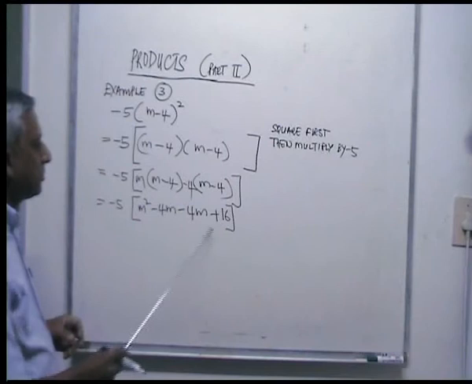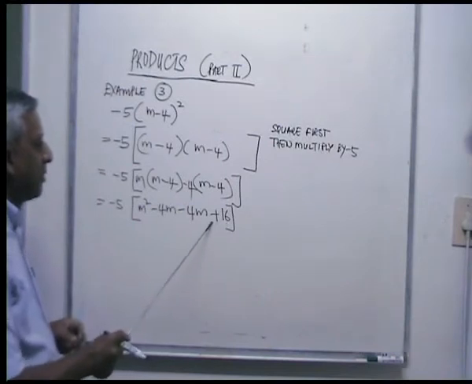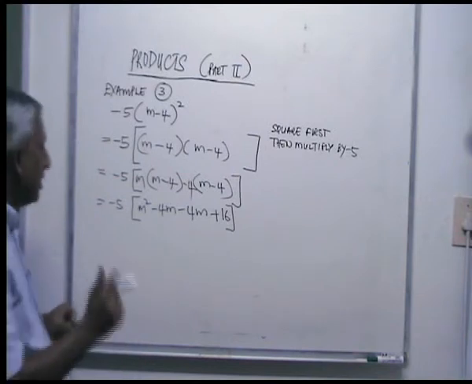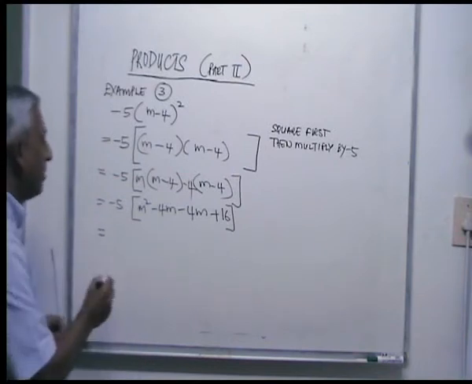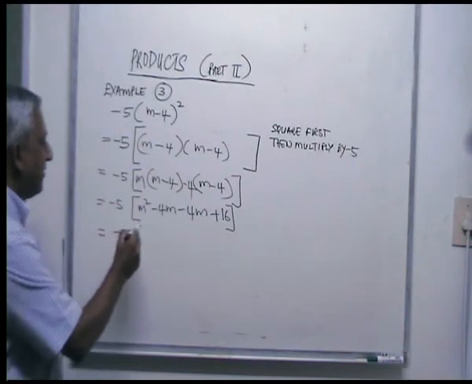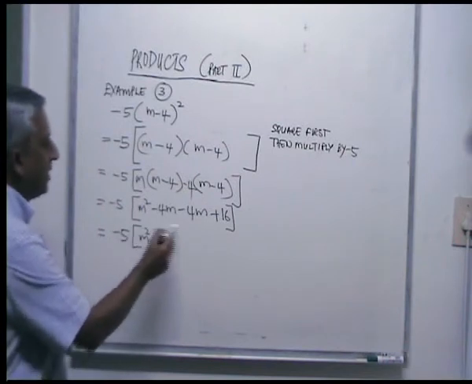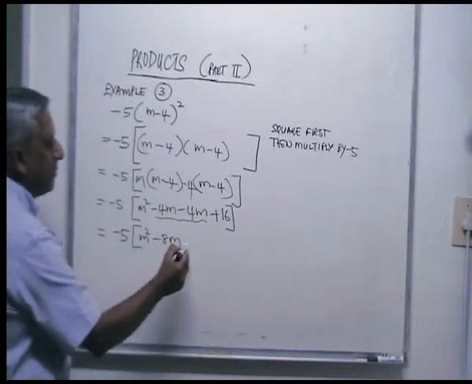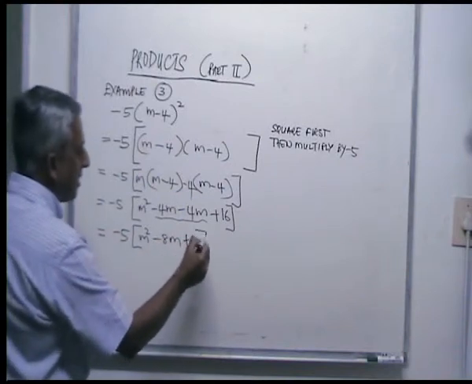Right, so now in the examples when I'm multiplying, I'm not going to be talking, I will just write the answers down because by now you're supposed to know the basics. So there's your minus 5, there's your m squared, I'm just adding that, gives you minus 8m plus 16.